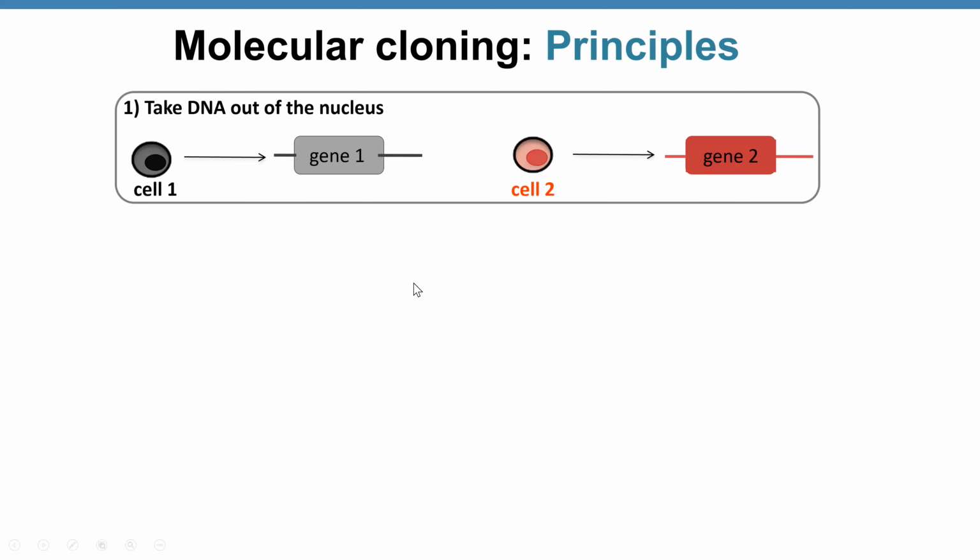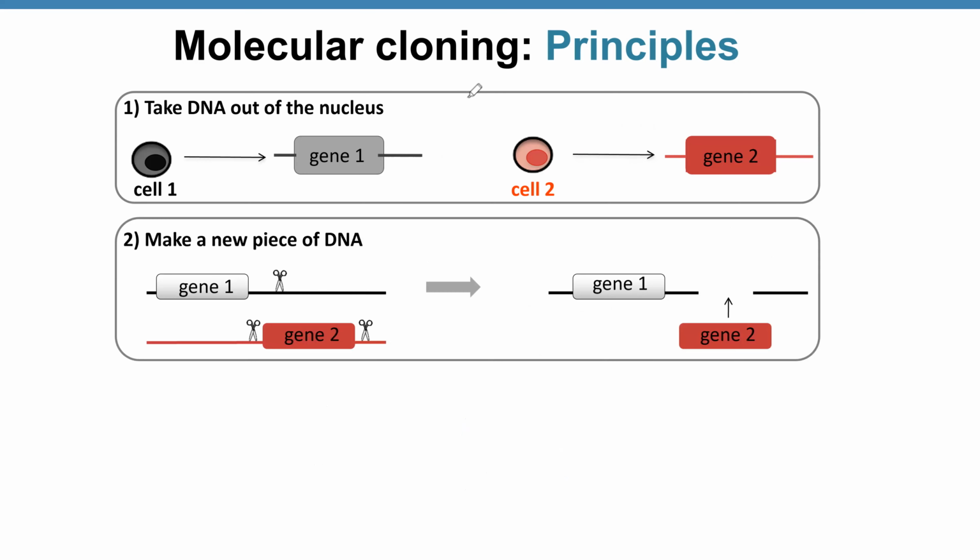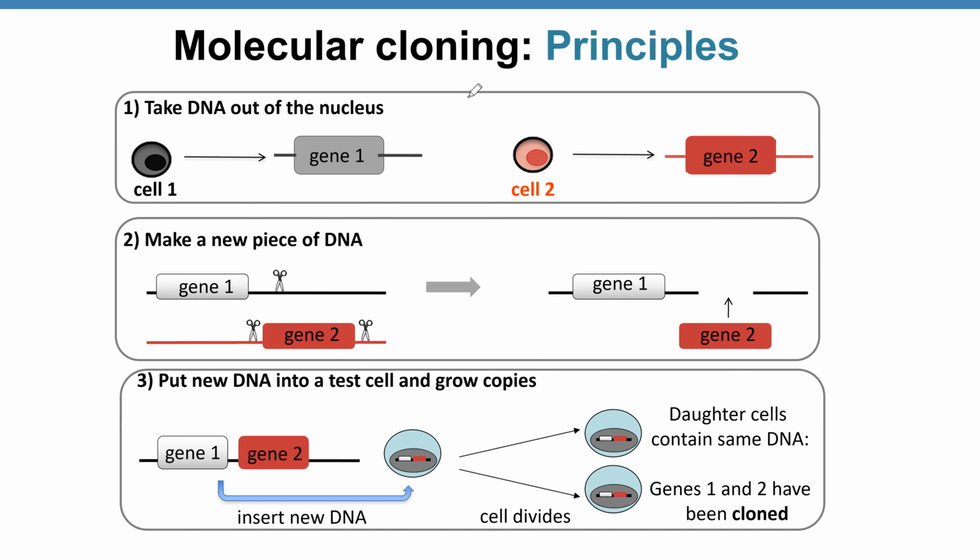And here's our molecular cloning. We will take DNA out of the nucleus. Then we will make a new piece of DNA, and we will put the new DNA into test cells and grow copies of it.